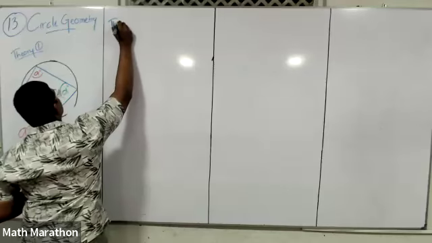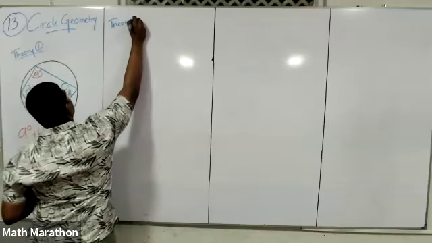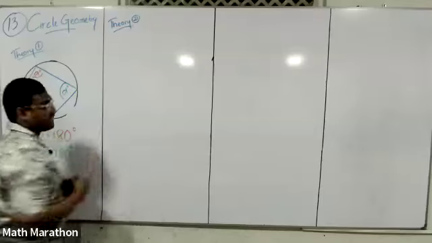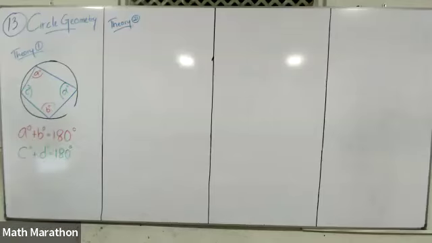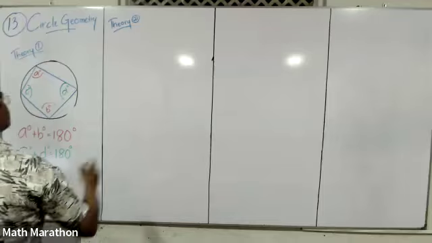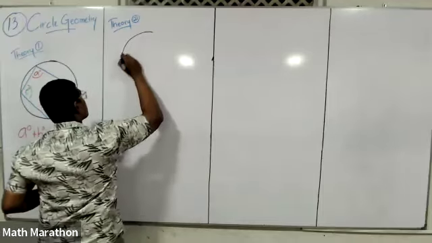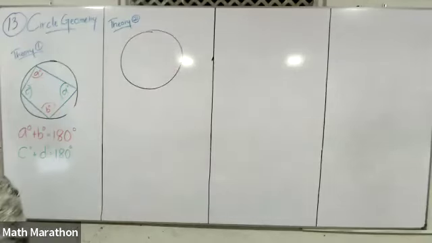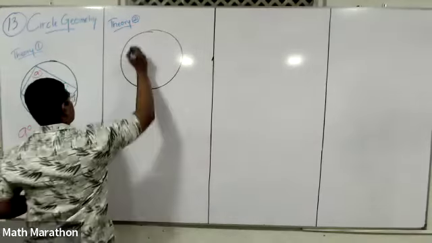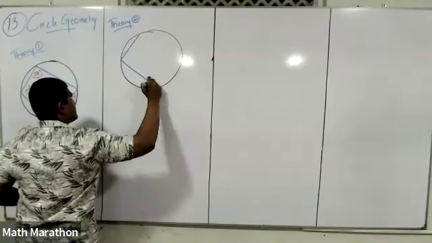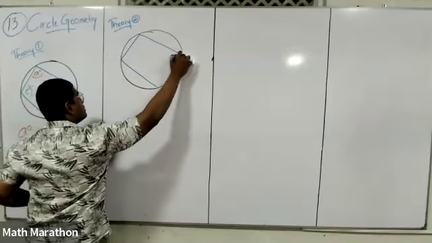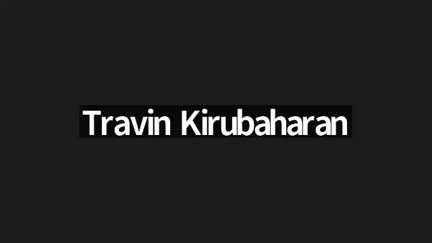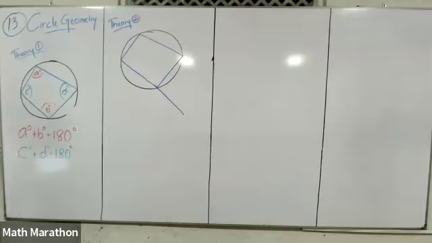Theory number 2 is also connected to circle geometry. When we have a circle and a quadrilateral which touches the circumference, it's a cyclic quadrilateral, and I extend one side out.